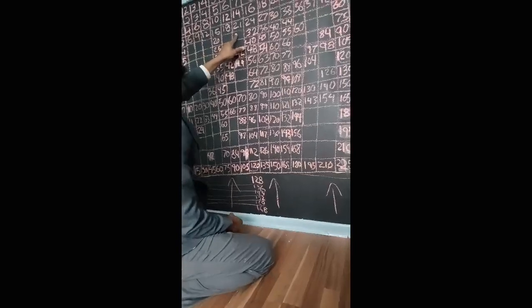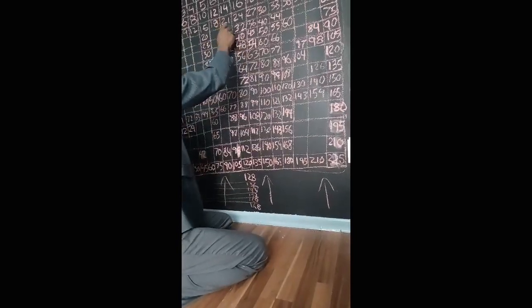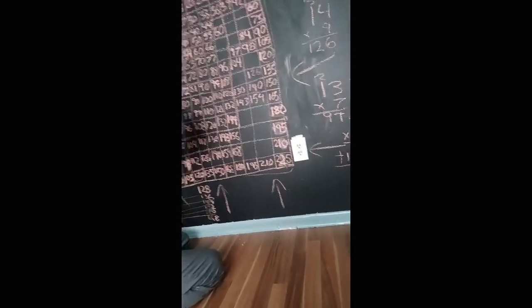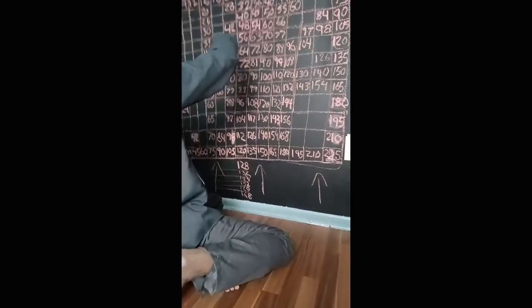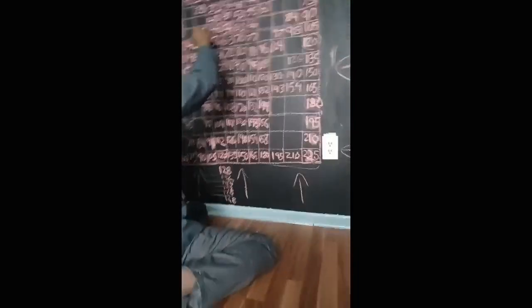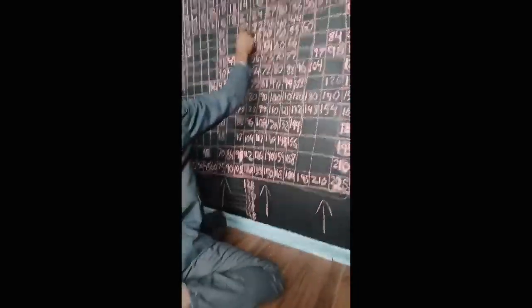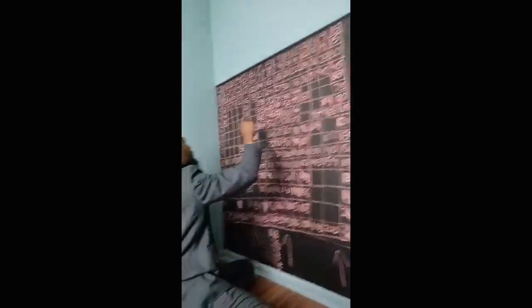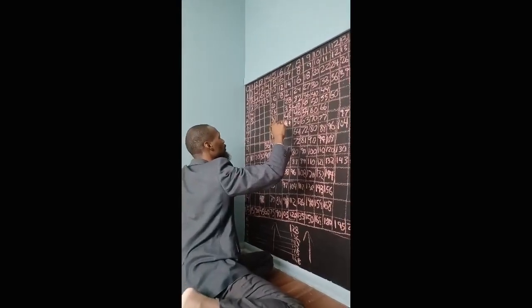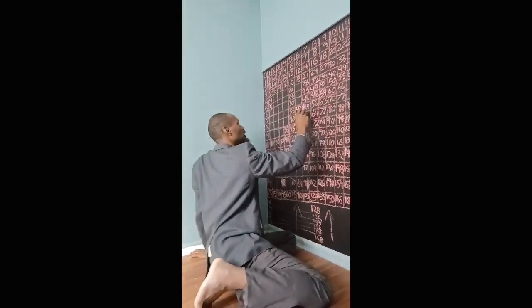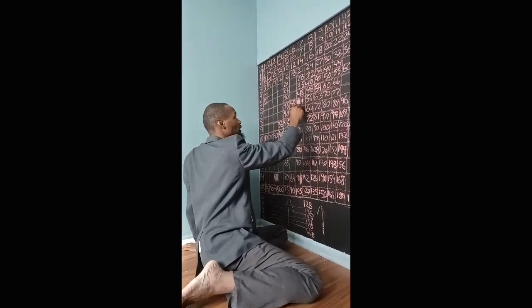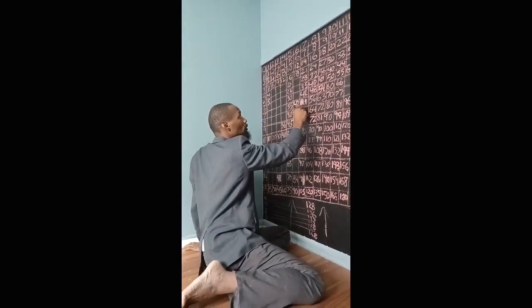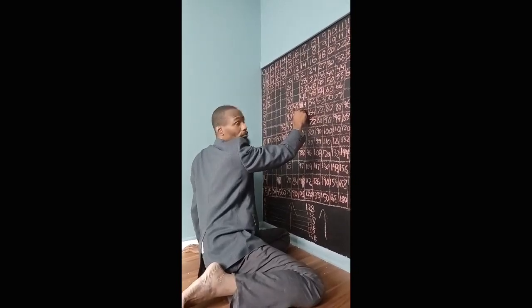7 times 4 is 28. Until we get into the double digits, we don't even need to think about mental constructs. 7 times 5 is 35. Alright, and we got 7 times 8 is, where you at? Oh, 7 times 8 is 56, right? 56.